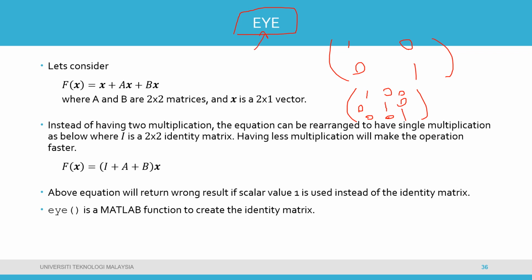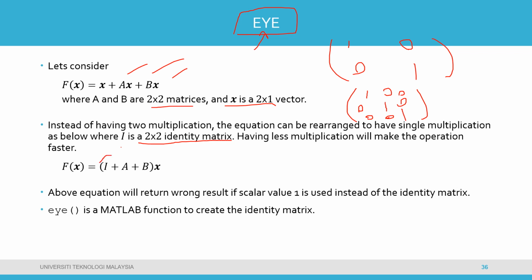So why do you want to use this? For example, if you have some function like this where A and B are 2 by 2 matrices and x is a 2 by 1 matrix, then instead of having 2 multiplications, the equation can be arranged as below, where I is a 2 by 2 matrix.